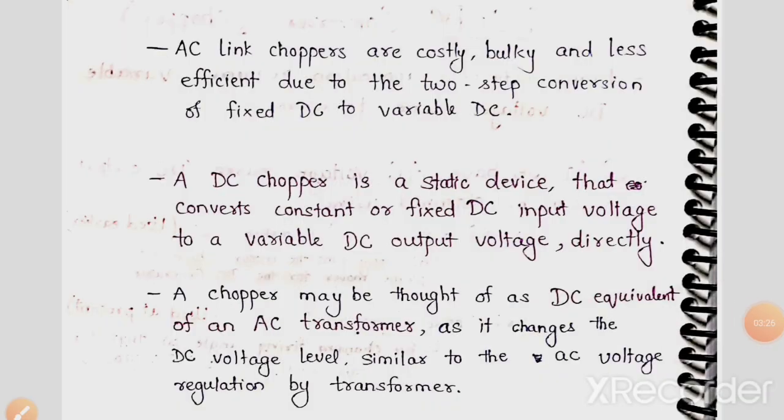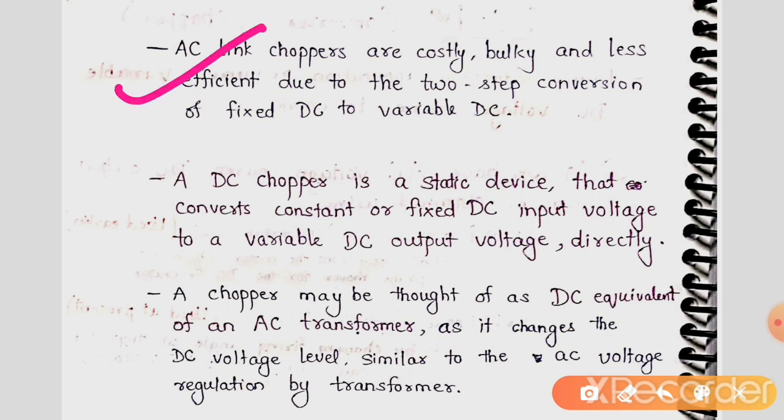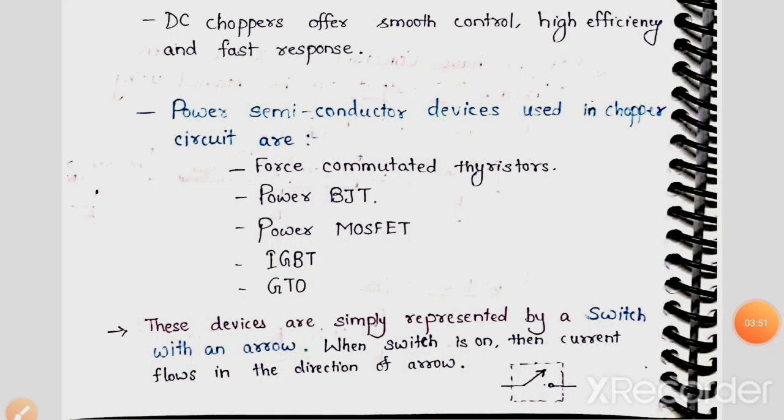AC link choppers are costly, bulky and less efficient due to the two-step conversion process. A DC chopper is a static device that converts constant or fixed DC into variable DC. A chopper may be thought of as the DC equivalent of an AC transformer, because it is also used for stepping up or stepping down the DC voltage level.